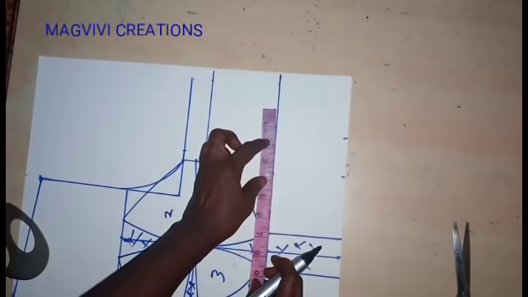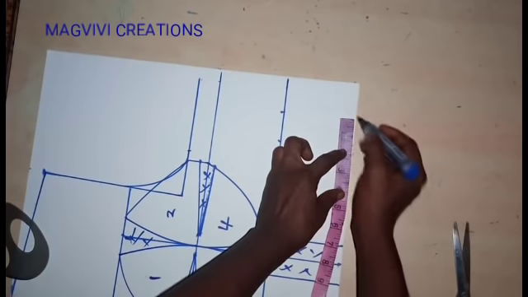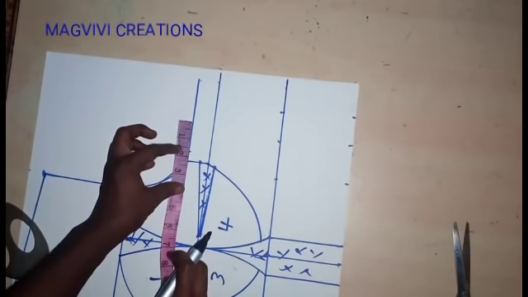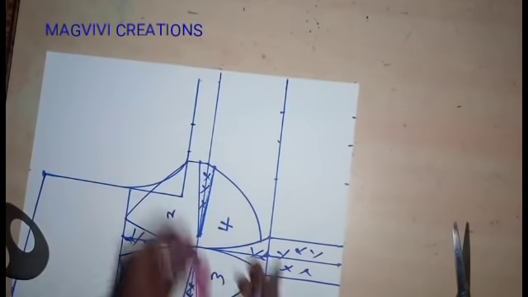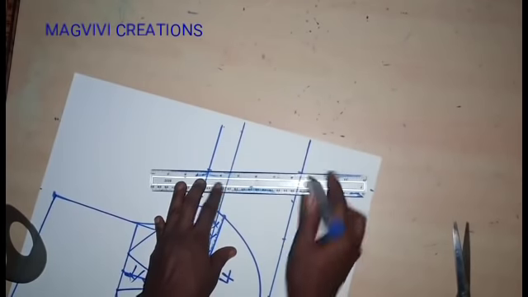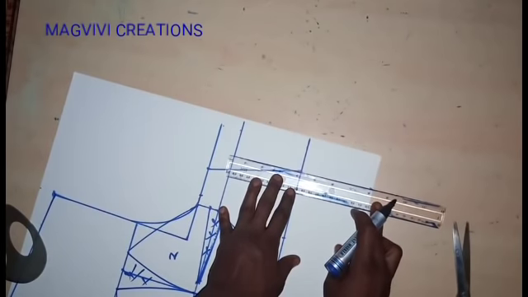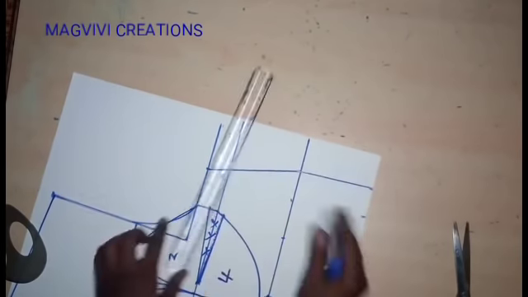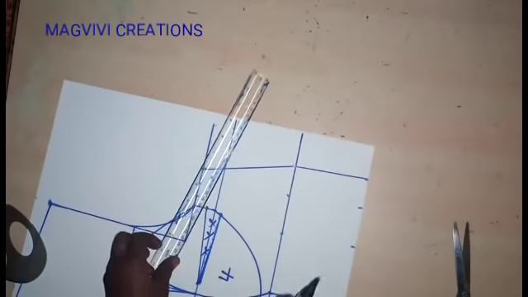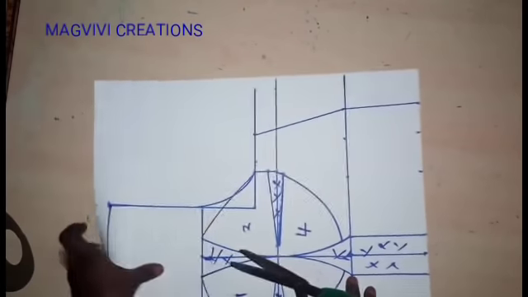Then my 1.5 inch seam allowance, you add your seam allowance at this point also, then connect. So don't mind the shape you're having here because of the darts. By the time you take your dart, everything would relax. So you just cut it out.